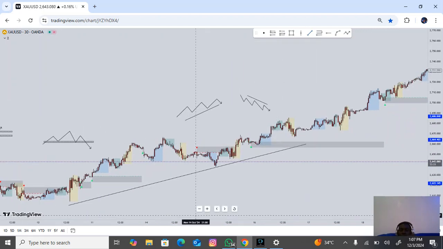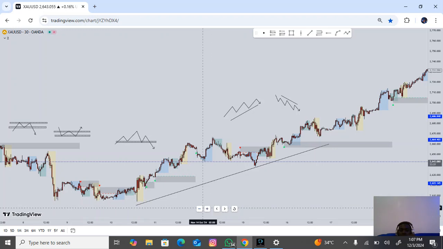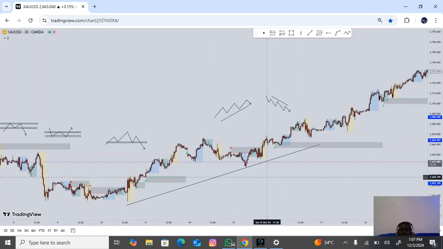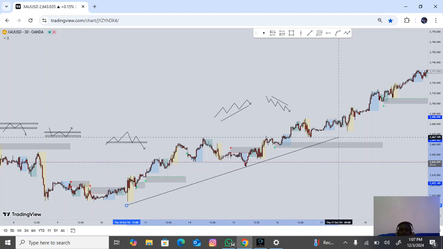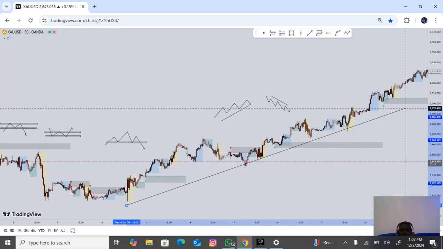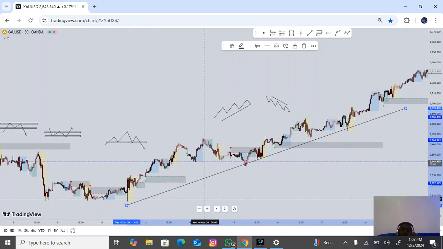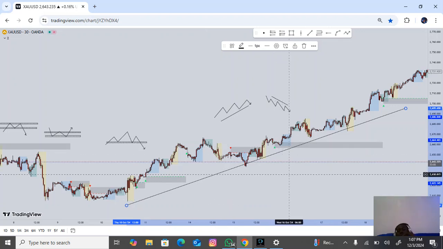You can see this is a trend line. If you've watched the previous video, you know how to draw a trend line, and this trend line is going upward. I wanted to say a newborn baby can identify this, but that's a lie. So even a child can identify that this thing is going up.